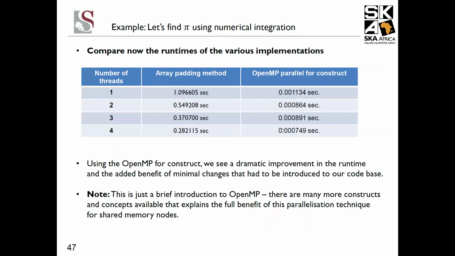I'm comparing these runtime results to those of the array padding method, when we converted the sum into a two-dimensional array to sort that out. Because I have much simpler code, my runtime for one thread is also much more efficient. And I see that my code also scales quite nicely when I use more than one thread.